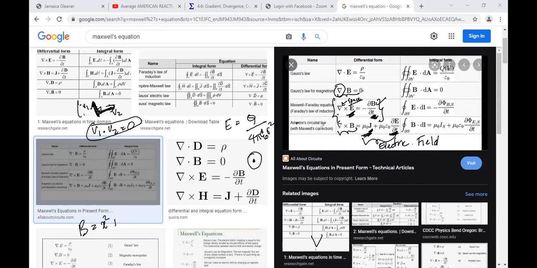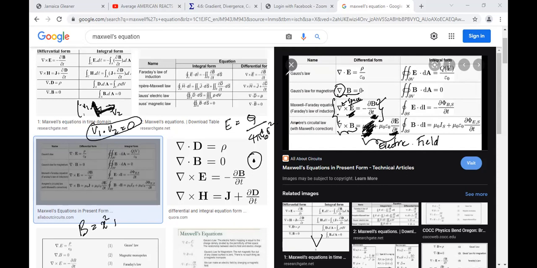So the last two just say that when you take the cross product of the electric field, you get the magnetic field, and when you take the cross product of the magnetic field, you get the electric field. One of them, the J, is capturing the magnetic field along a line and so forth. Sometimes it is 0, and sometimes the other one is 0.